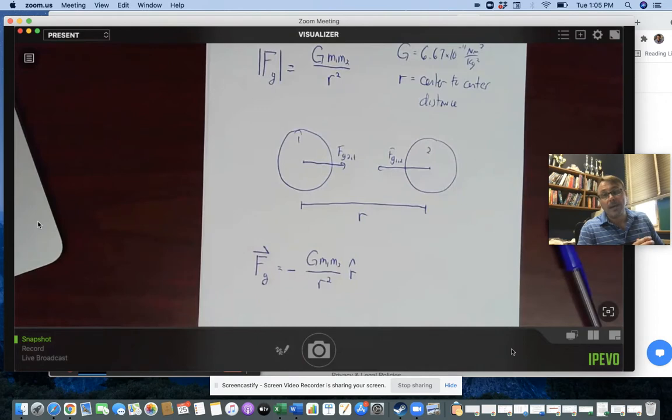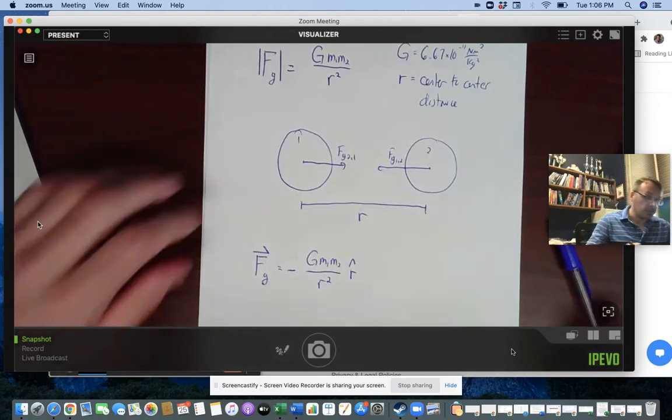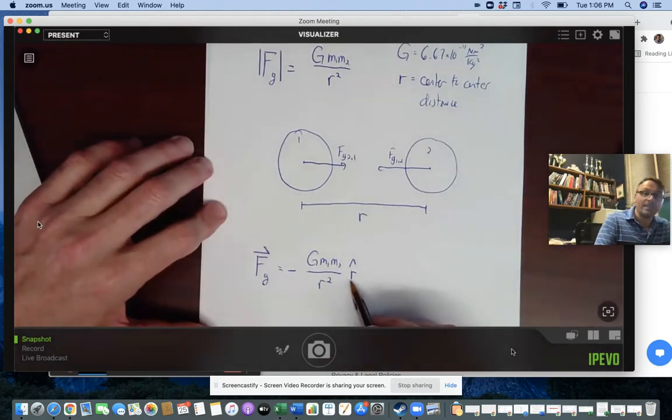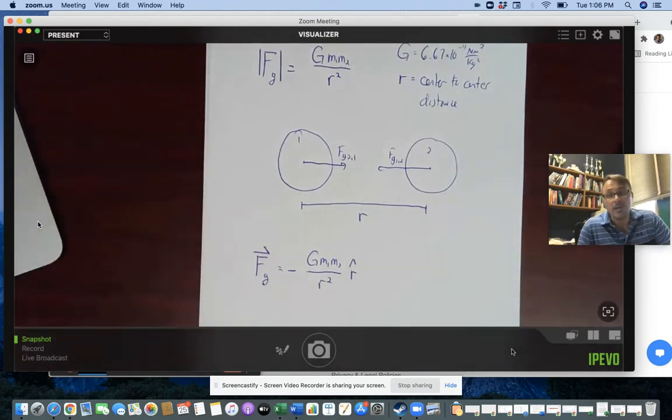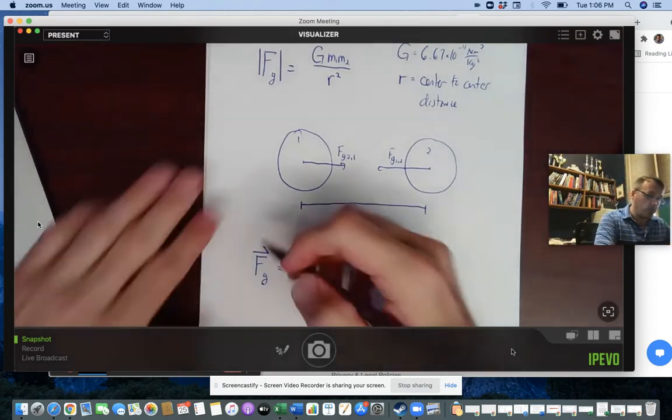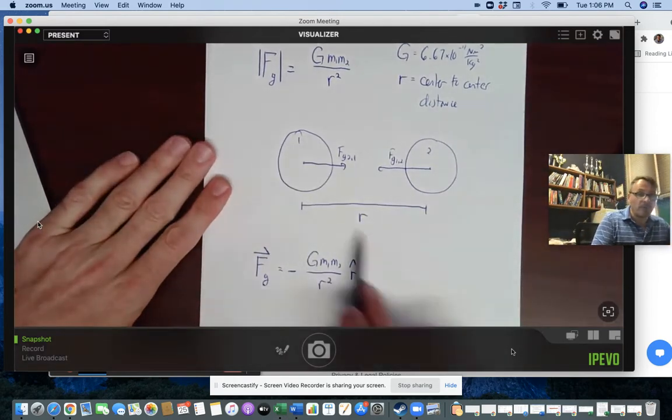Remember, r hat is the radial unit vector. Positive r hat is defined as 1 unit radially outwards. So this literally says radially inwards. So this force always acts radially inwards towards the mass in question, which makes sense. That's a gravitational attraction, pulling everything in radially inwards. So this is a more proper form of this.